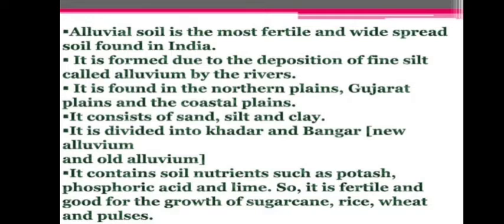It consists of sand, silt and clay, and further it is divided into Khadar and bhangar, new alluvium and old alluvium. Khadar is called new alluvium and bhangar is called old alluvium. That also we'll discuss in the next slide in detail.